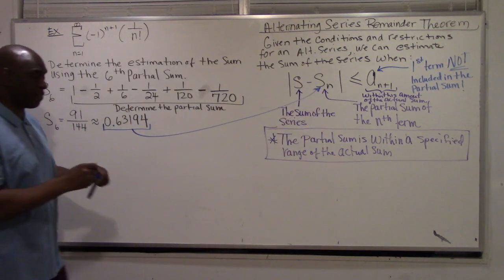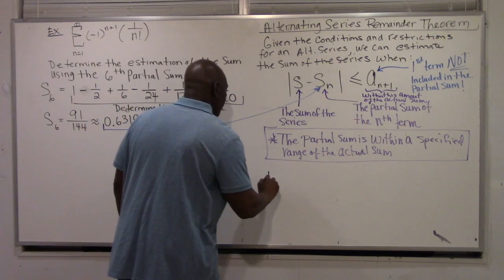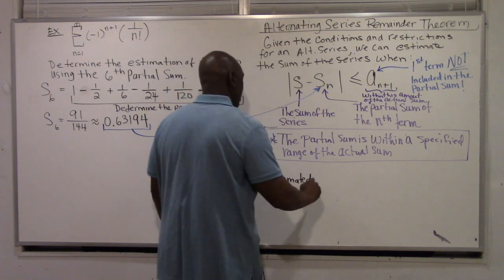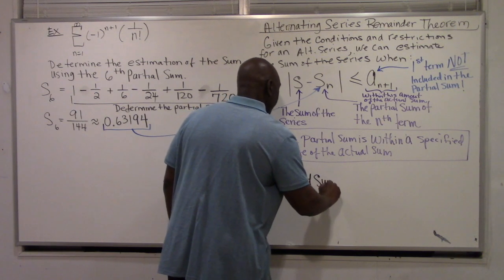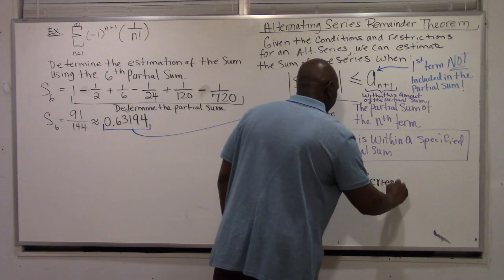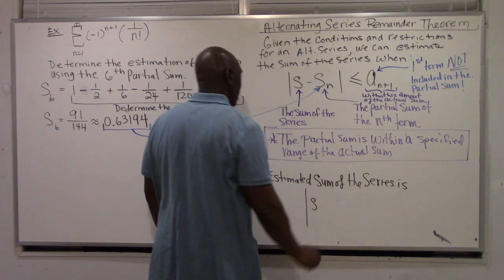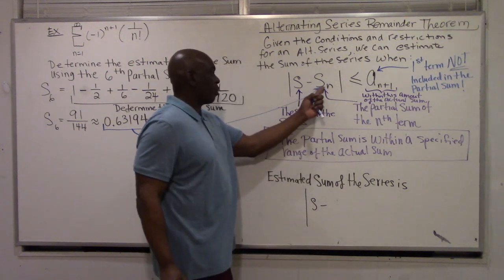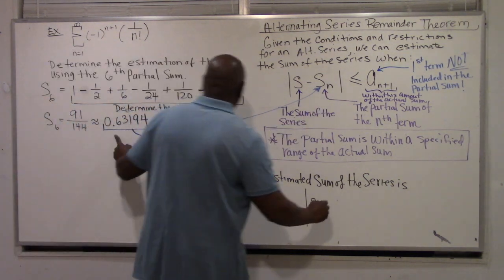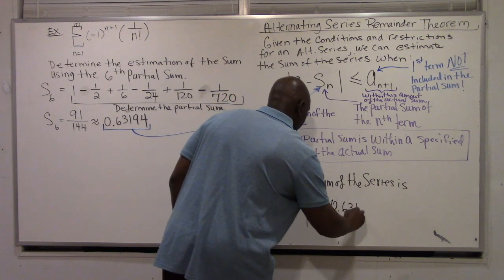If I set this up, this means the estimated sum of the series is the absolute value of the actual sum minus the partial sum of the first 6 terms, which is that 0.63194.